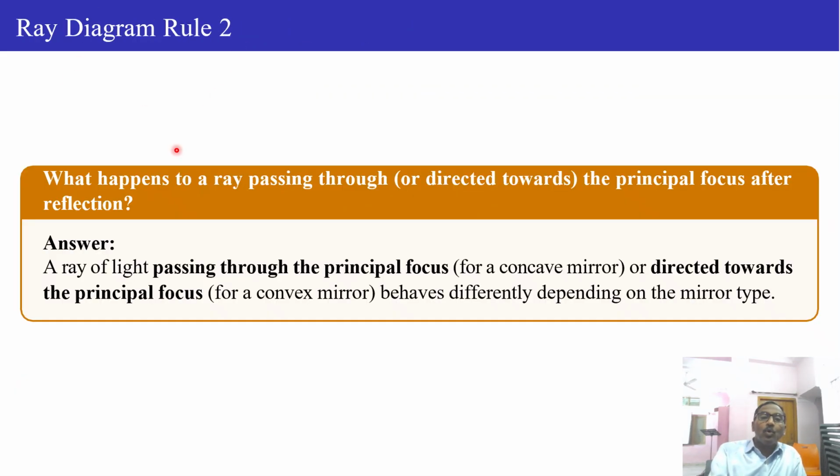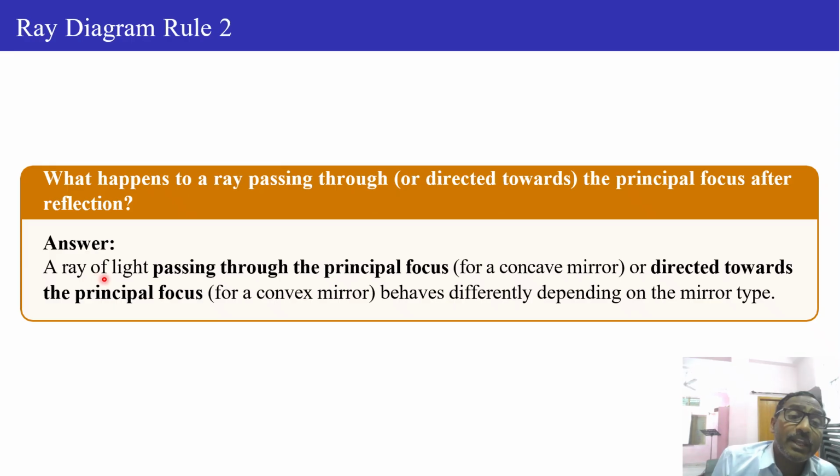Ray diagram rule 2. What happens to a ray passing through the principal focus after reflection? The ray which is passing through the focus, we say principal focus also, or otherwise simply focus. So what happens to a ray passing through the principal focus after reflection?